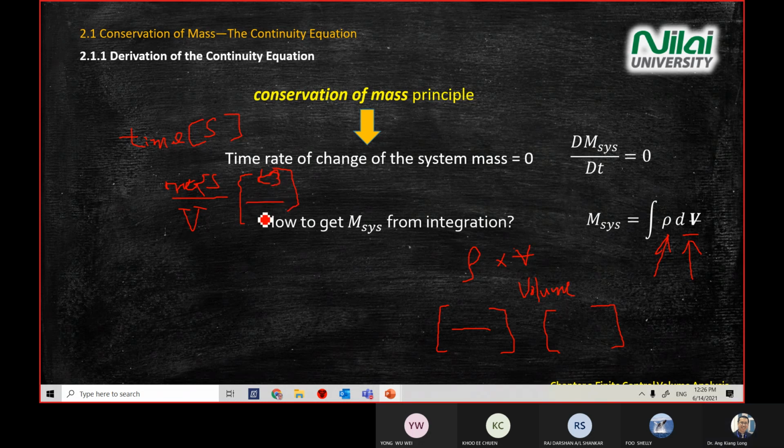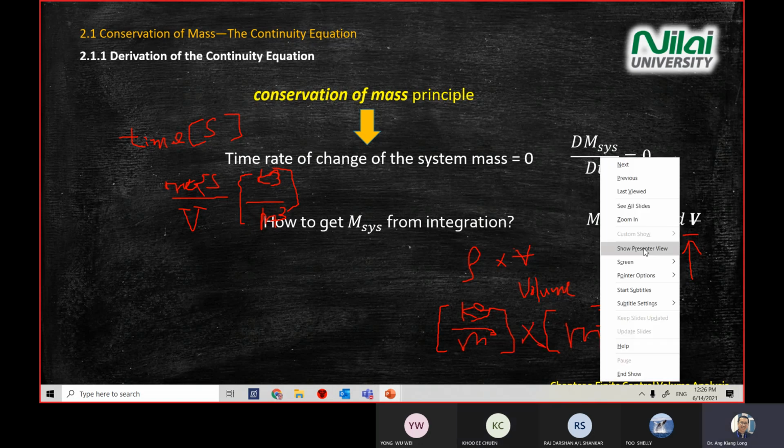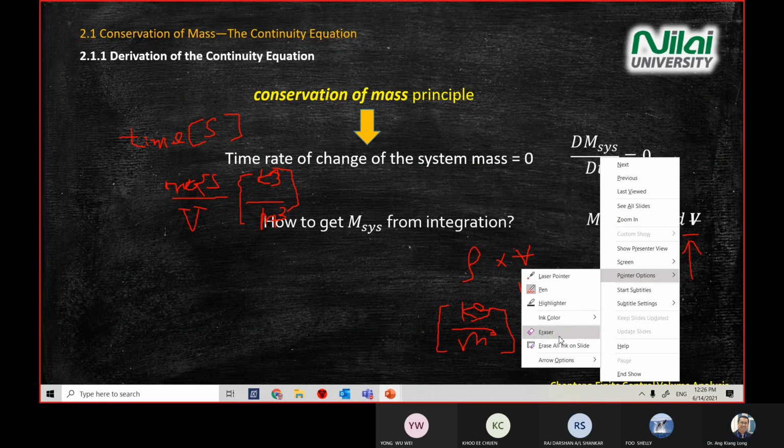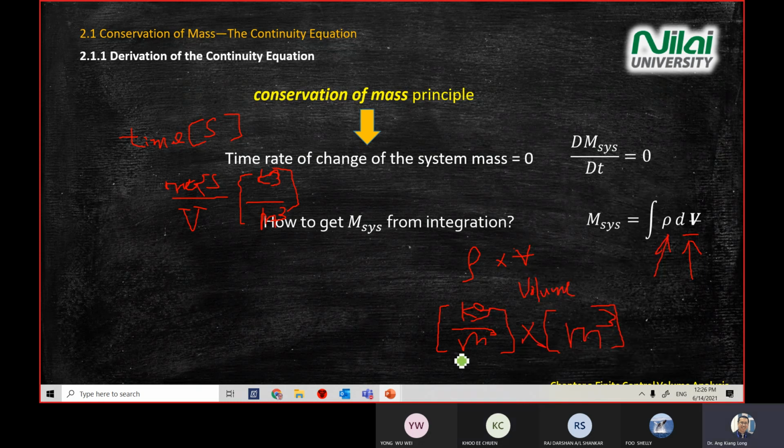Volume? Meter cube. Kilogram over meter cube for density, and meter cube for volume. You times these two. Thanks. All right. So when you cancel the unit, you'll get kilogram.